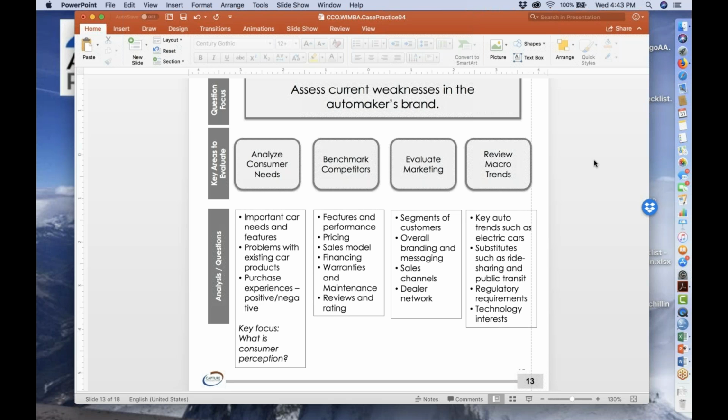That kind of bucket of macro trends, I think both of you have hit on some things that, again, as an interviewer, I would be looking for a couple of things that are really distinctive in how you've thought about this case. So, trends in regulation, trends in technology.